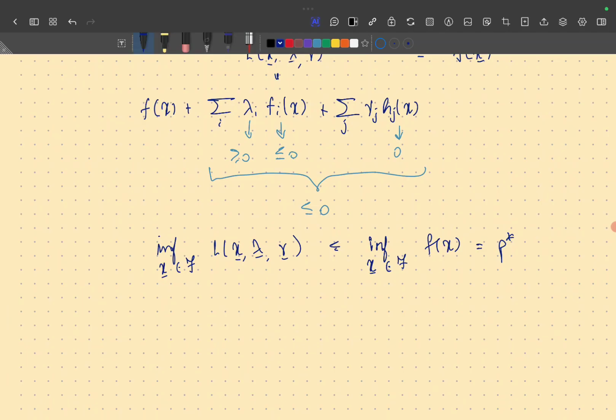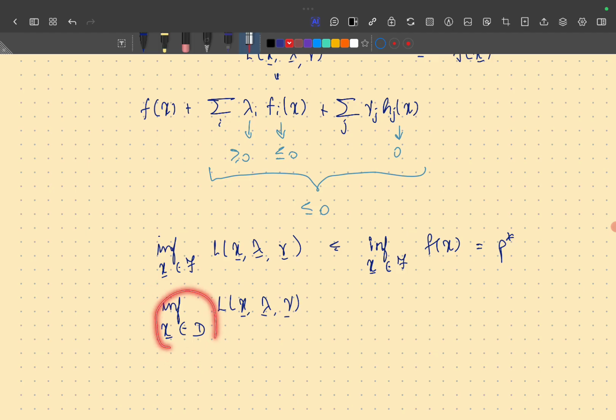So what can you say about the unconstrained minimum of the Lagrangian, the infimum over all x in the domain? Yeah, so this minimization over here is over a larger set.